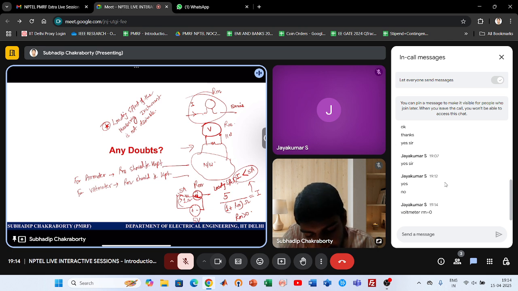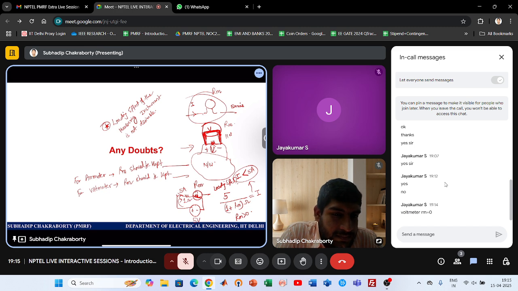Okay, so if your voltmeter Rm is 0, that means negligible impedance. If it is so, then when you connect the meter, it will short the resistance, and then it will not give us the true value of the voltage. It will have a severe loading effect.